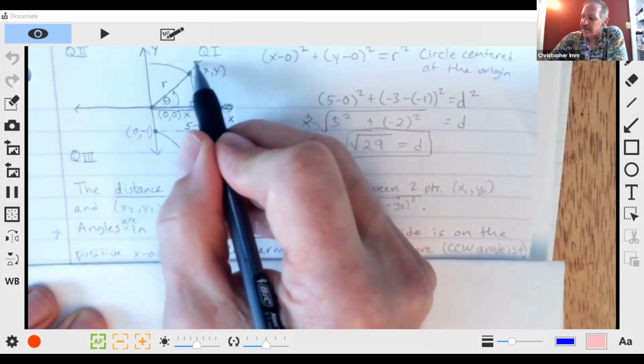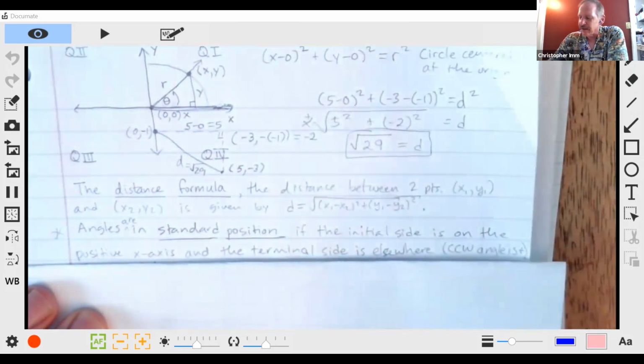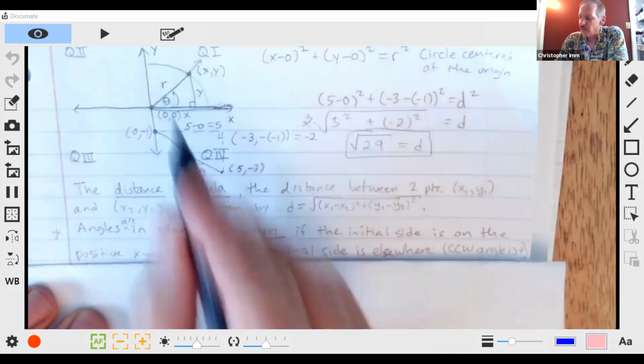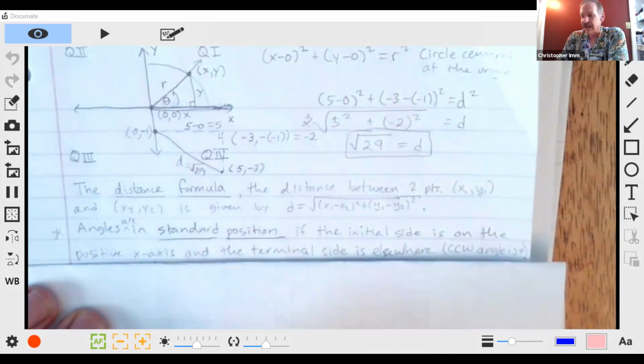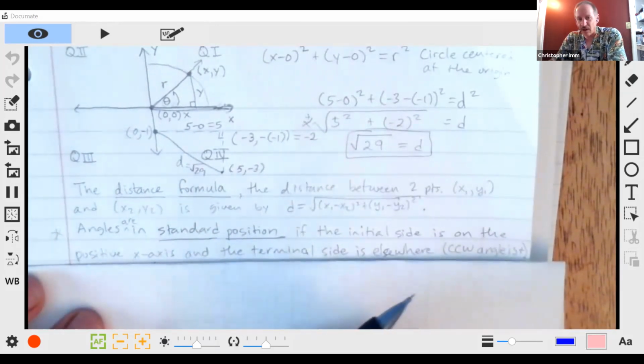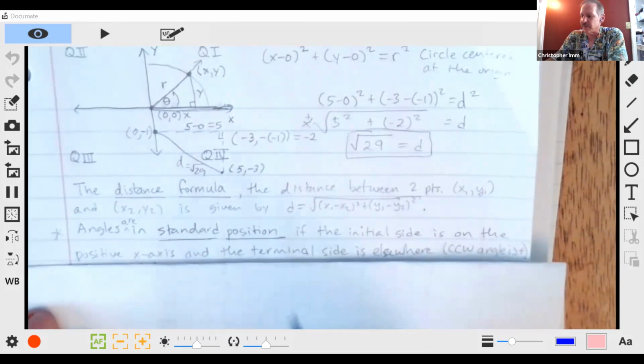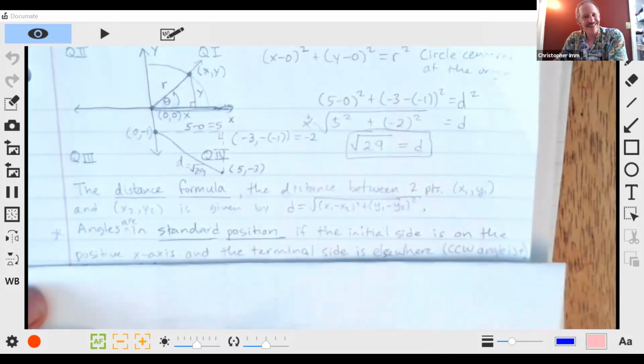I could extend that if I wanted to. This should show an angle. So this angle would be in standard position. And we know that angles that rotate counterclockwise are positive. If it does go clockwise, we could call it a negative angle. So standard position, we always start here on the positive x-axis. Sound good?